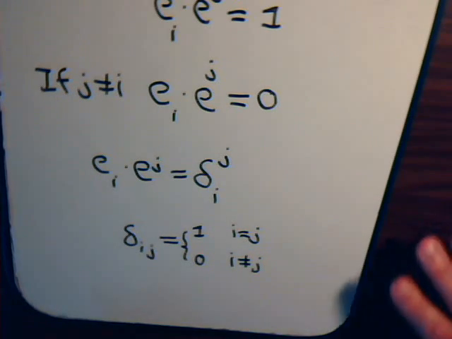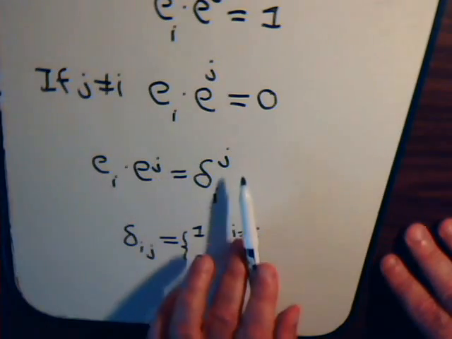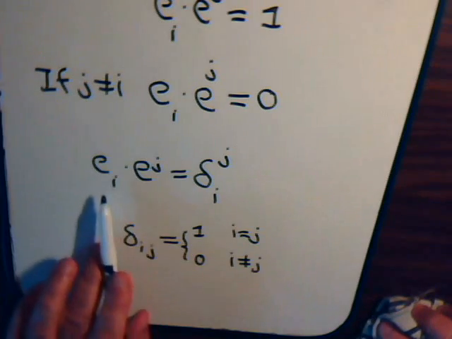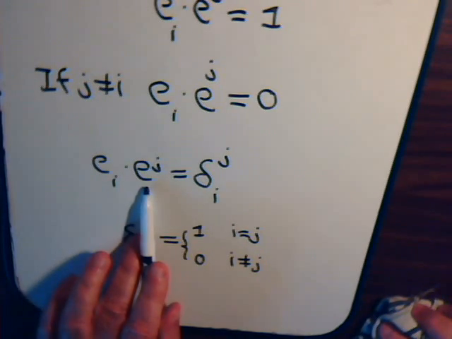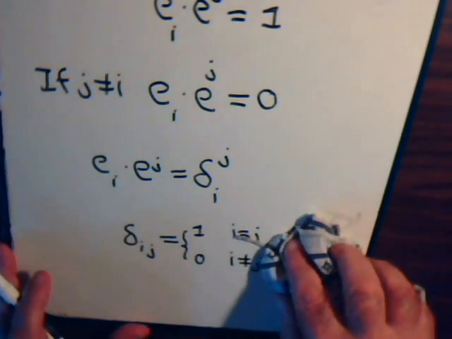But now we're in the situation where we have subscripts and superscripts, so we write it like this. But that means this equals 1 when i and j are the same, otherwise it equals 0.